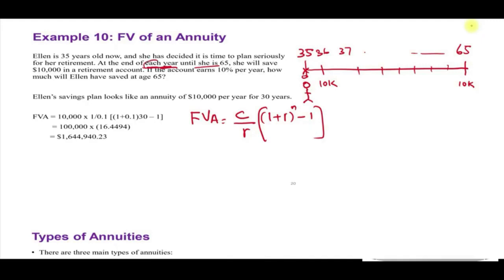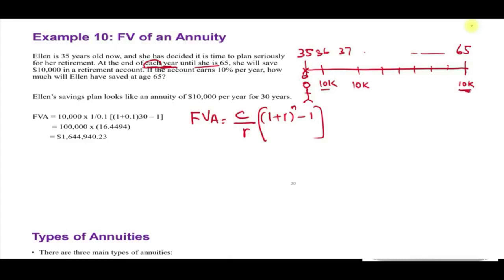Every year 10,000, 10,000, that shows an annuity. If the question didn't say that, and said only at the end of year 65, that would be just one cash flow, remember. Because each year, that shows the annuity.